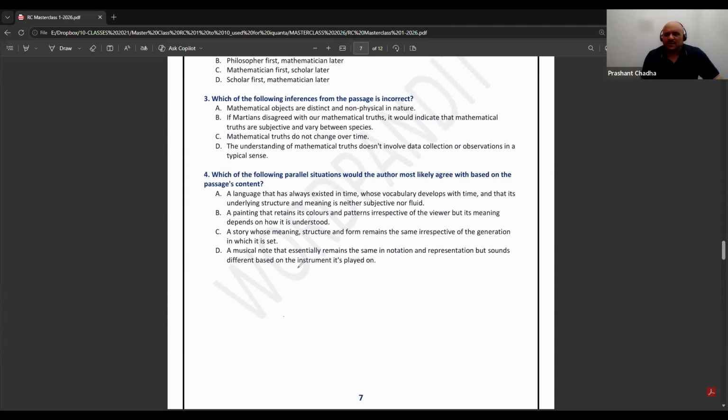What is it that we know with mathematics? It is eternal, it is necessary, it is objective, right? What is the problem with option A? Its underlying structure and meaning is neither subjective nor fluid. This part is correct, but its vocabulary develops with time.